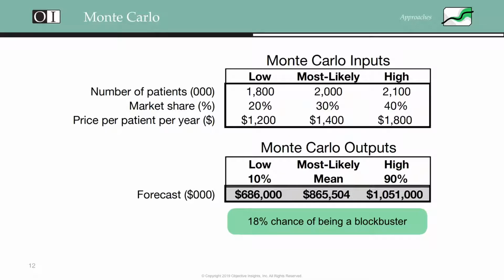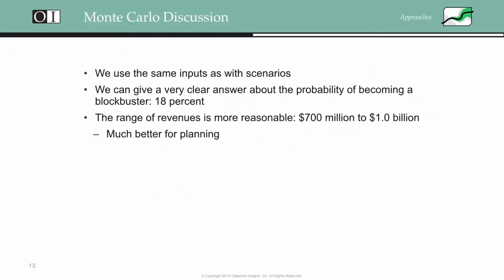Here we're using exactly the same inputs as with the scenario case. However, we can say precisely that this product has an 18% chance of becoming a blockbuster. Further, the range of output revenues is much more reasonable, from 700 million to 1.0 billion, which is much better for planning purposes.